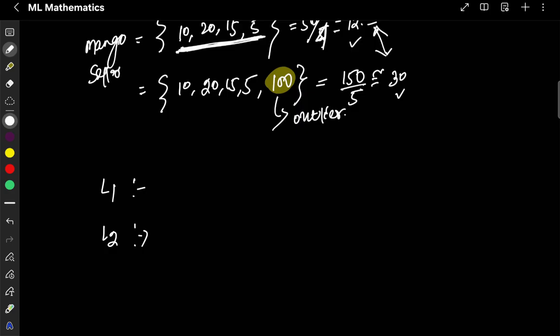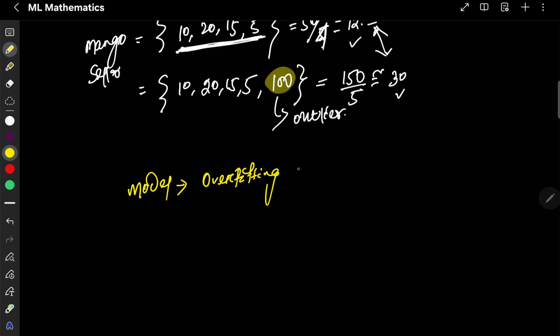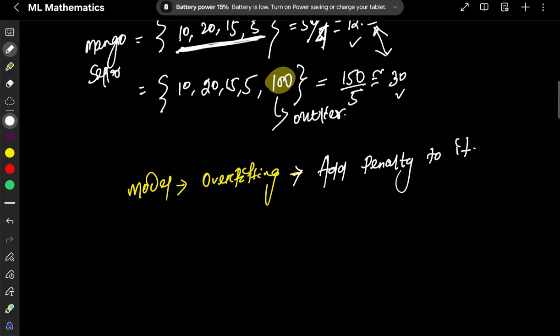In regularization you add some kind of penalty. If your model has an overfitting issue, it means it is memorizing things. So you add a penalty to tell it, because you remember something, I'm adding a penalty so that you forget something and try to learn the pattern rather than memorizing it.